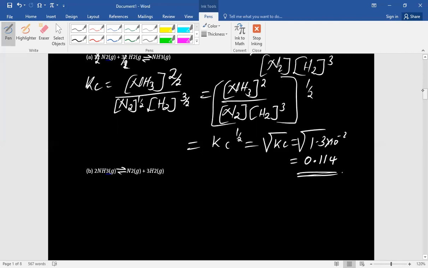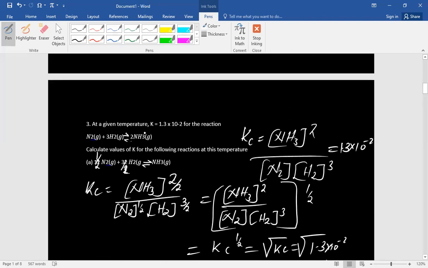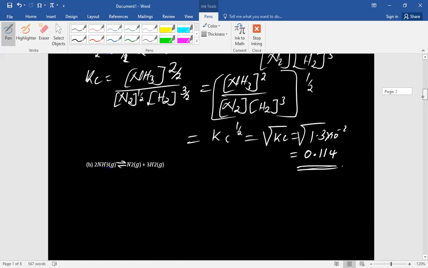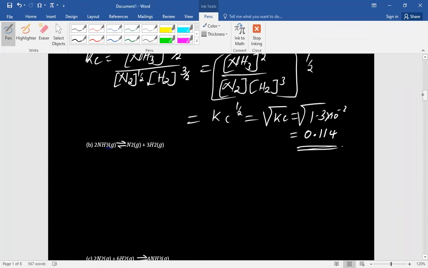The reaction wasn't like this, but now they have taken the products to be reactants and reactants to be products. Because it has the same values, that is for ammonia, we had a 2 there in the main reaction, as you can see, and it's the only stoichiometric coefficient that we have, as well as 3. So it's just the same, just a reverse.